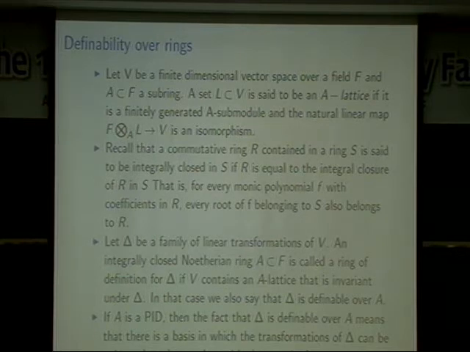If A is a PID, then the fact that delta is definable over A means that there is a basis in which the transformations of delta can be written down by matrices with elements in A. If A is not a PID, this does not necessarily happen.